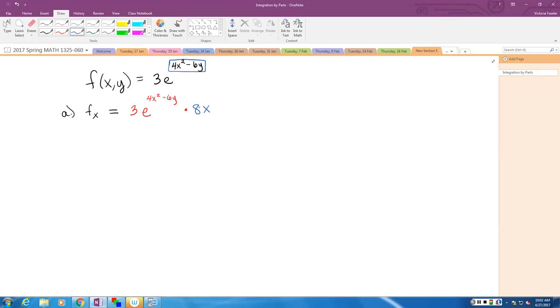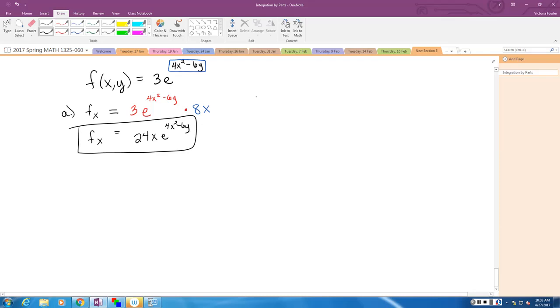Okay, and we could make this simplified a little bit nicer. You can multiply the 3 and the 8x. This is 24x e raised to the 4x squared minus 6y. Okay, the same thing now for the partial of f with respect to y.